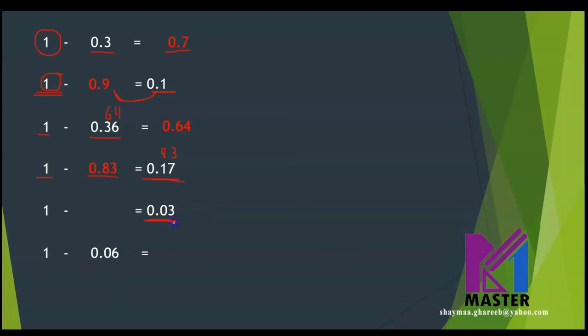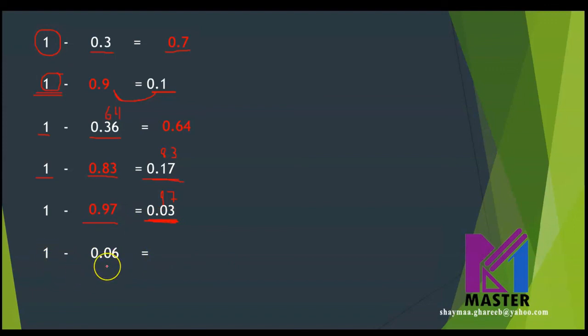So I only have 3 hundredths, which means I need 97 hundredths. The 3 needs 7 to form 10, and the 0 needs 9 to form 9, so it will be 0.97 or 97 hundredths. And the total number of hundredths should be 100.